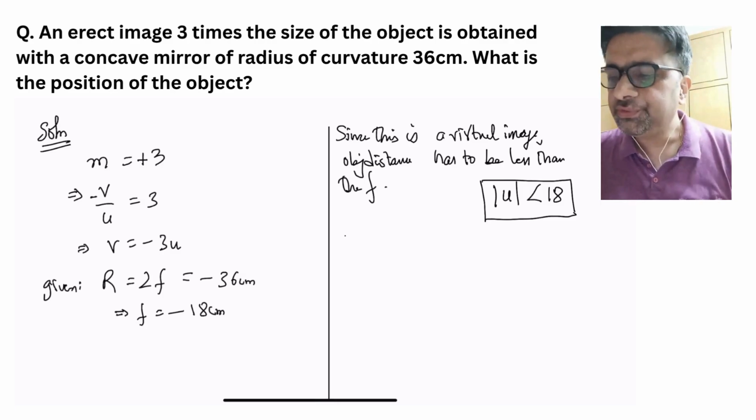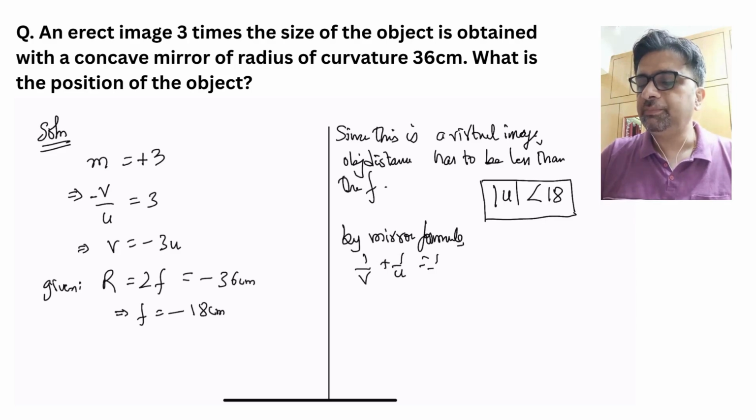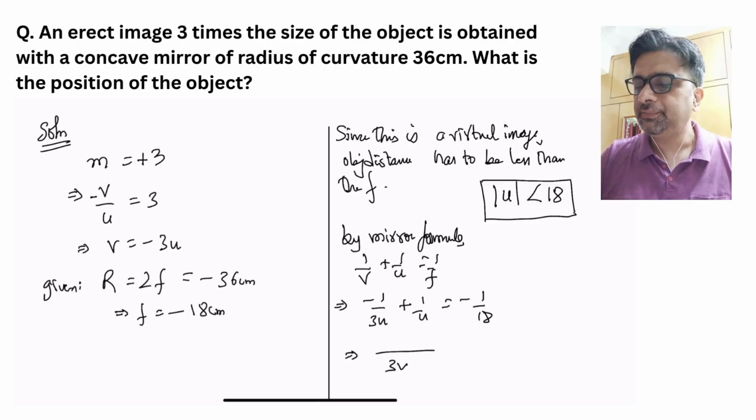Let's go ahead. So now by mirror formula, we know 1 by v plus 1 by u is equal to 1 by f. Let us put down all the values that we have, and in this case we have minus 1 by 3u plus 1 by u gets us minus 1 by 18.